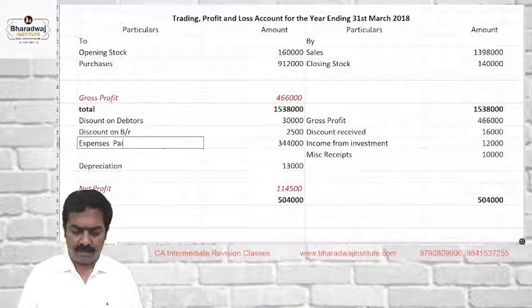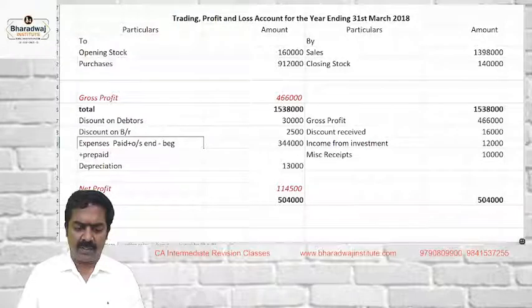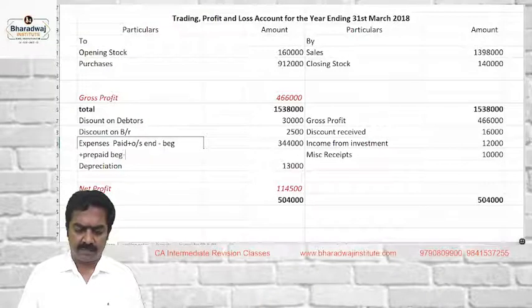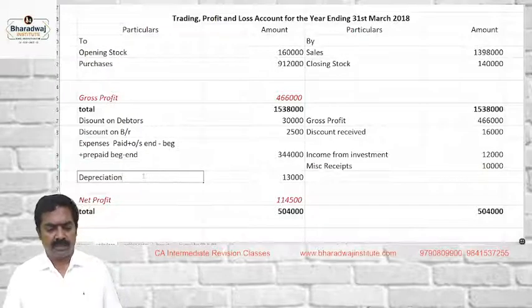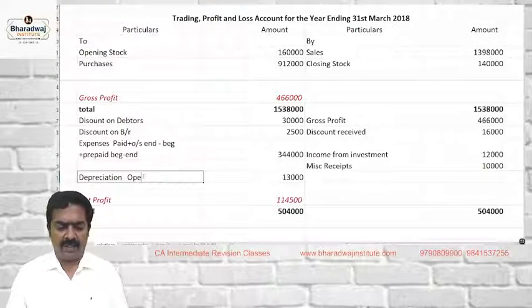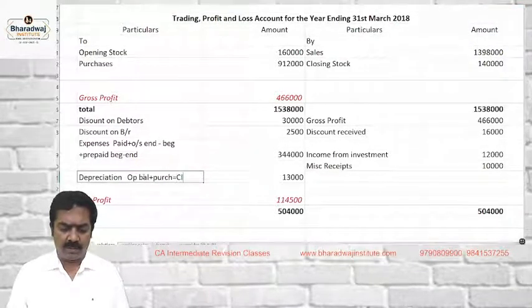Paid plus outstanding at the end minus beginning plus prepaid at the beginning minus end. Depreciation, you take opening balance plus purchased minus closing balance.